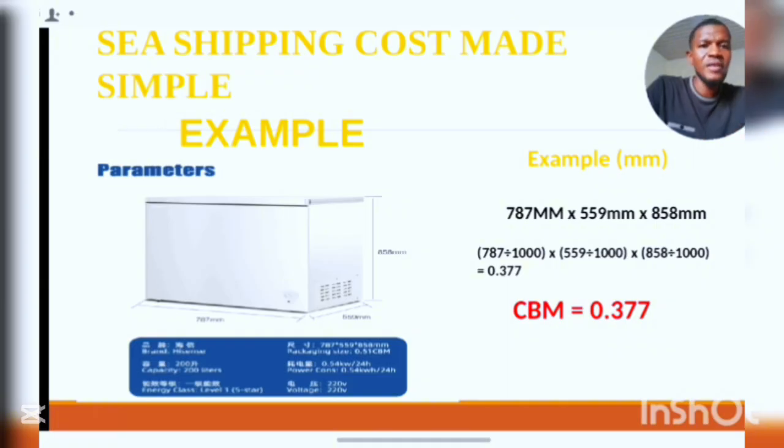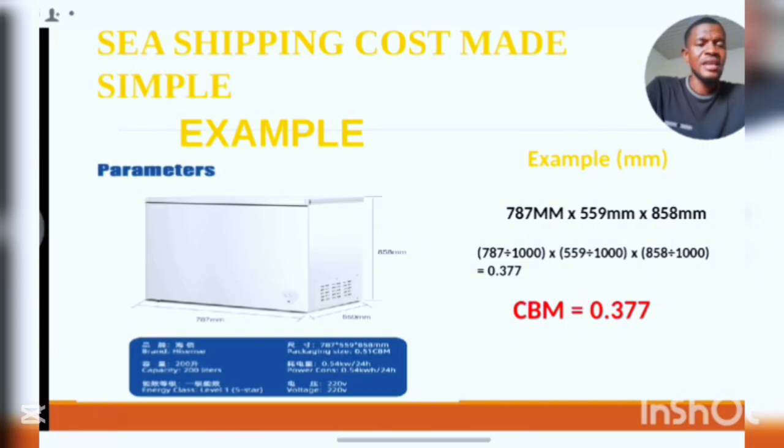All right, so let's get into an example. You can see over here we have some dimensions of this particular freezer. The parameters have been given: the length, the width, and the height. The dimensions are 787 millimeters by 559 millimeters by 858 millimeters.